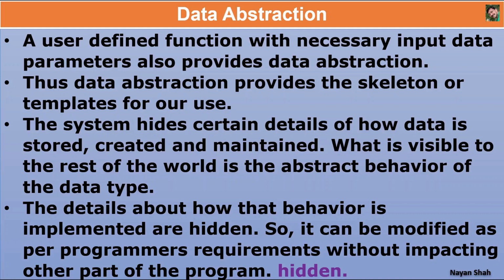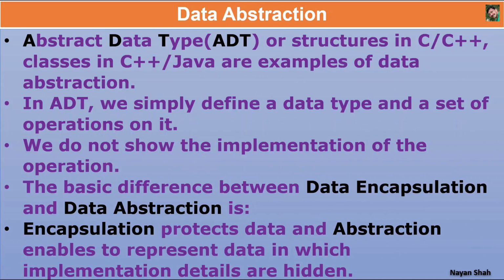So that is data abstraction, where we only see what it is doing, but we cannot see how it is being done. The details about how that behavior is implemented are kept hidden, so it can be modified as per the programmer's requirements without impacting other parts of the program. So that is data abstraction.